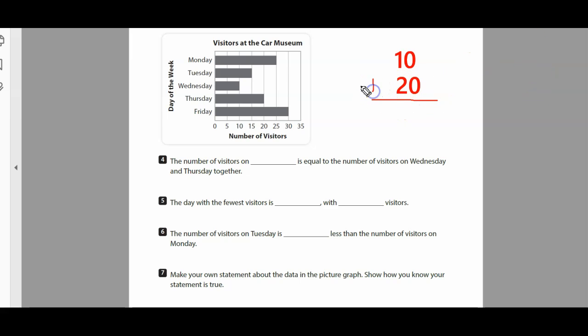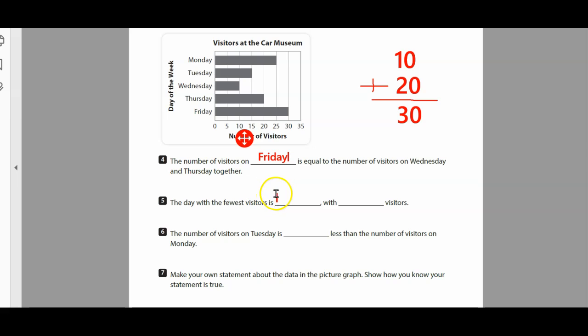I need to add that. It says the number of visitors on one day, so which day has 30 of them? Friday. Perfect.